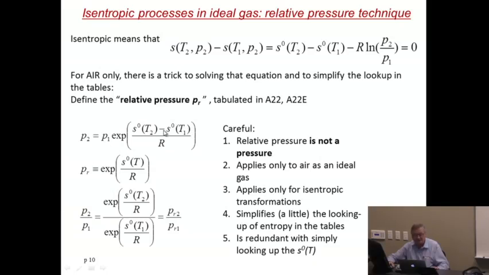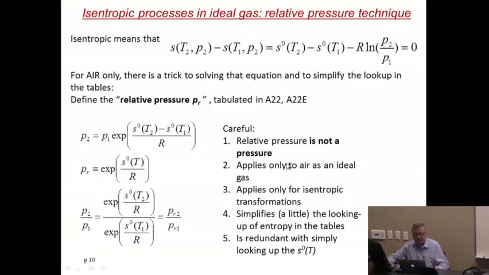So you rewrite this equation: P2 over P1 is the exponential of this first term divided by the exponential of this second term, distributing the exponential across the difference. And this now you can recognize as PR2 over PR1. So you have P2 over P1 equals PR2 over PR1. These are tabulated. That means it's very easy for you now to find P2 as a function of P1.